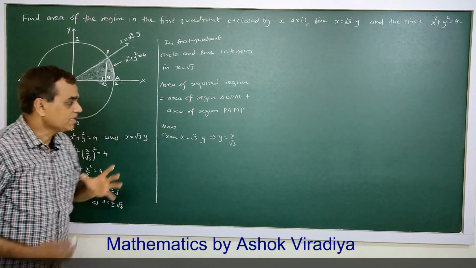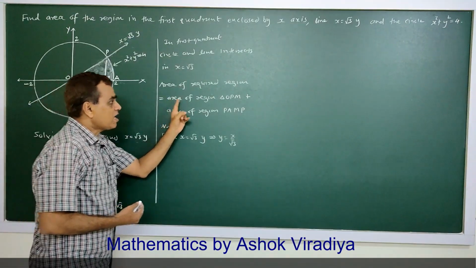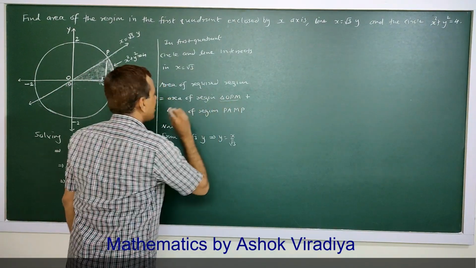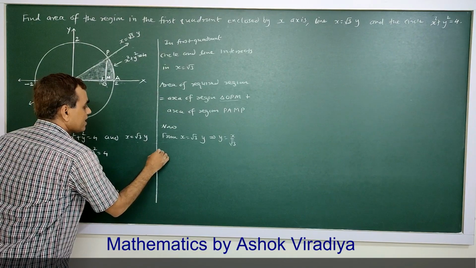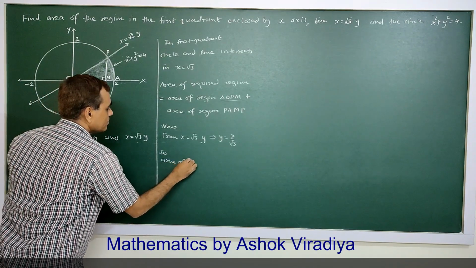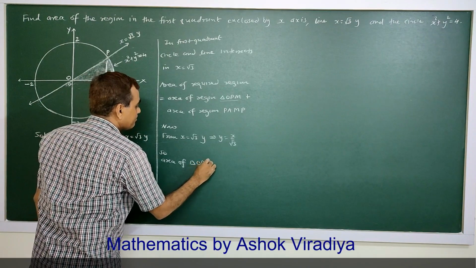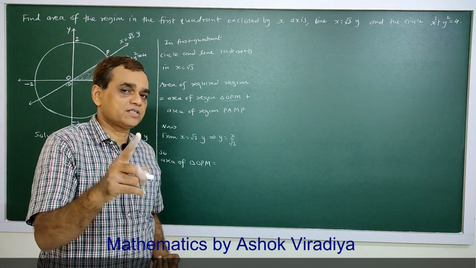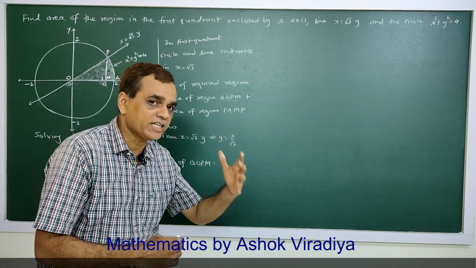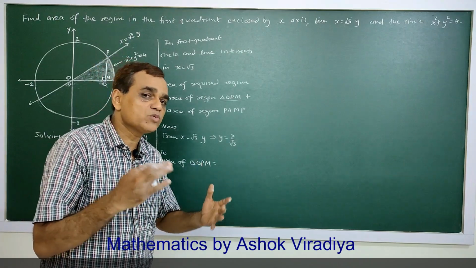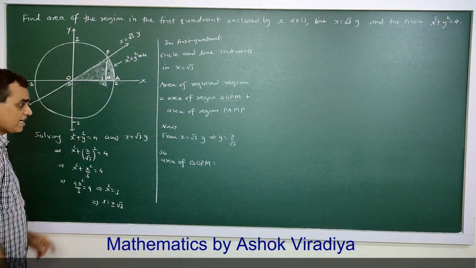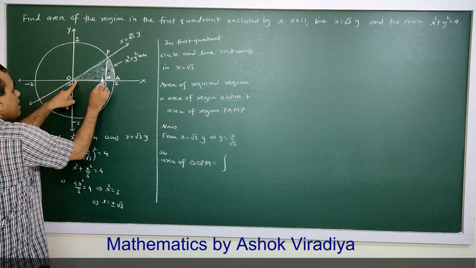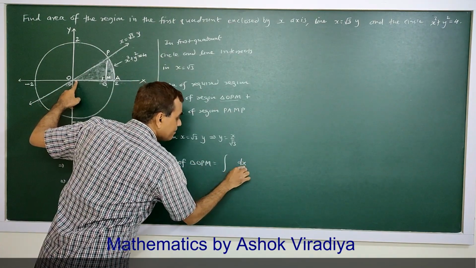This term will be used in calculating the area of region OPM, that means the area of this triangle. So now the area of triangle OPM, we are calculating using integrals, not by 1 by 2 into base into altitude. Everything we are doing using integration. So the area of this is the integral of, say, the x-axis is the boundary, so we keep here dx, and put here y.